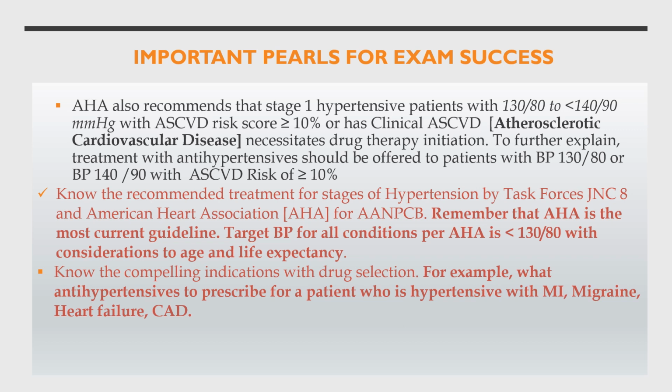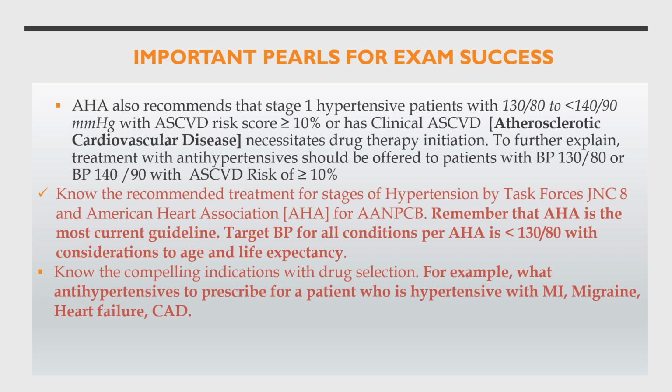To further explain, treatment with antihypertensives should be offered to patients with BP 130/80 to 140/90 with ASCVD risk score of greater than 10%.